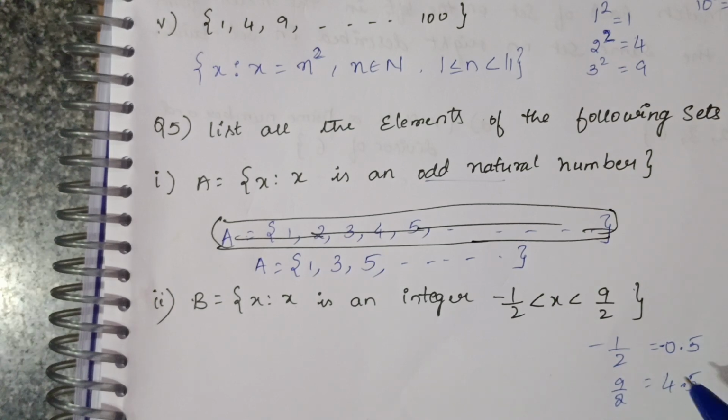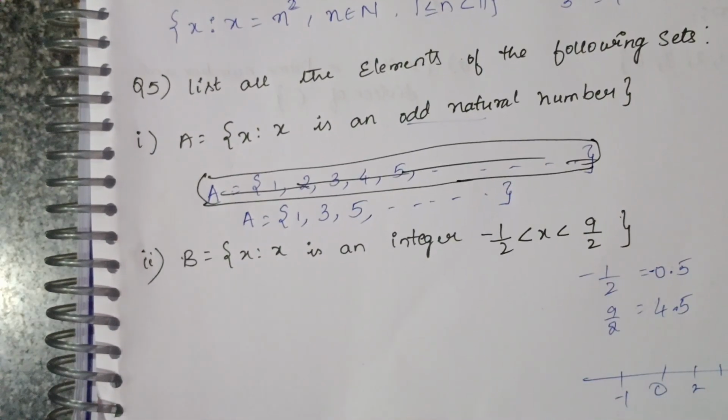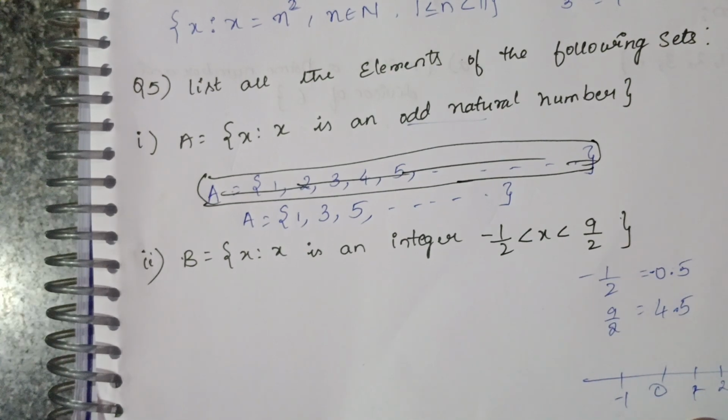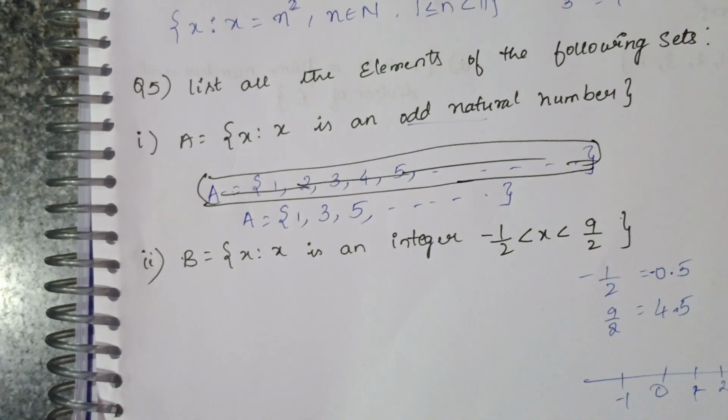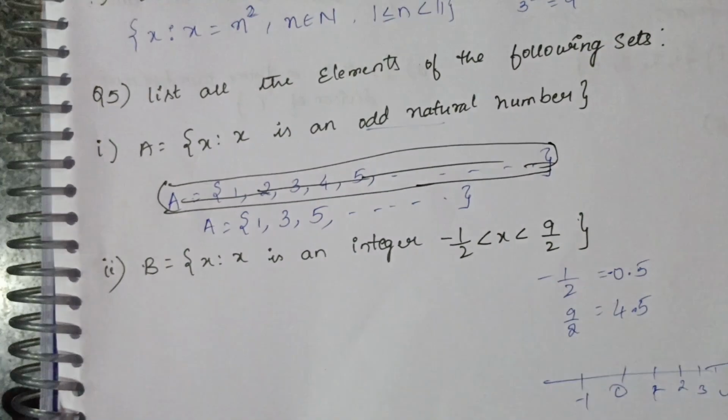In between, what numbers will be there? If you take the number line, here 0, minus 1, 2, 1, 2, 3, 4 and 5. Here we should write, X is an integer.